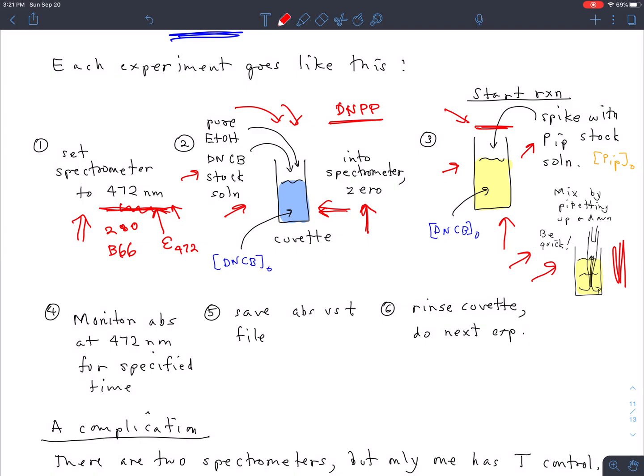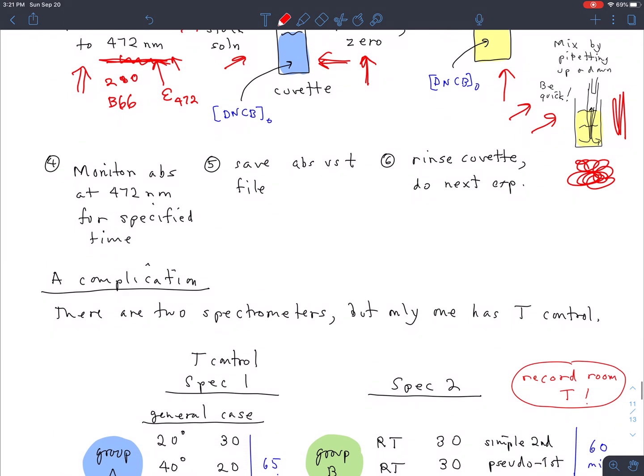It isn't quite 0. Your first few data points are also not reliable because things are still a little swirly in the cuvette. So the first point that you actually use in fitting your data won't be at time 0. It will be at some later time. Then we monitor the absorption at 472 for a specified time, and the times are down here. We'll talk about that in a second.